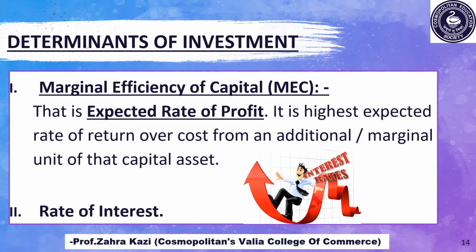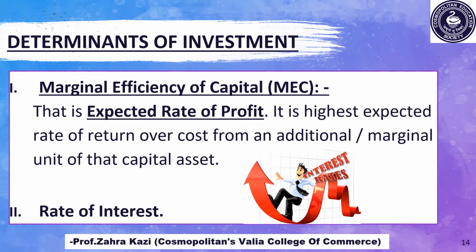Therefore, Keynes has introduced this concept of MEC, that is marginal efficiency of capital. MEC in simple words means expected rate of profit. So MEC is the expected rate of return over the cost of a capital asset.